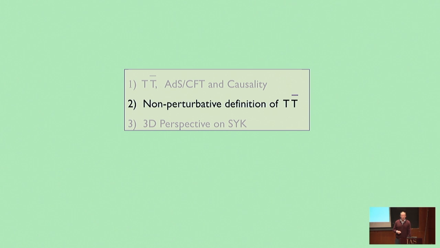The butterfly velocity won't commute with a local operator? That's right. If it's non-local, if it goes all the way around, it wouldn't commute. But that's the same in AdS/CFT. If I take non-local operators on the boundary, it doesn't commute with anything space-like separated in the bulk. So in that aspect, it's not surprising.